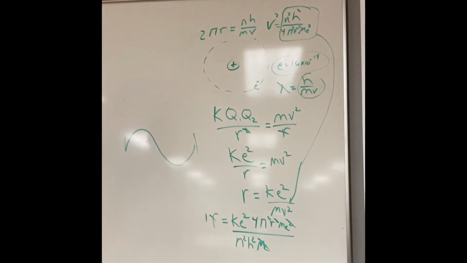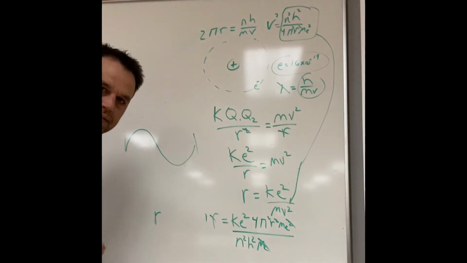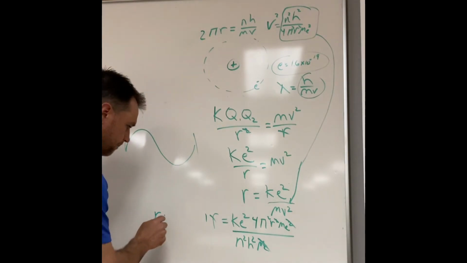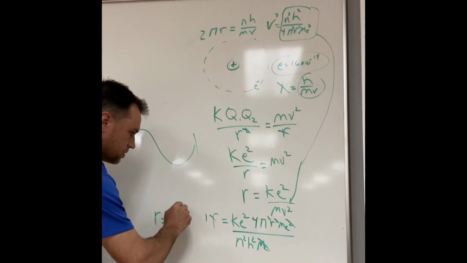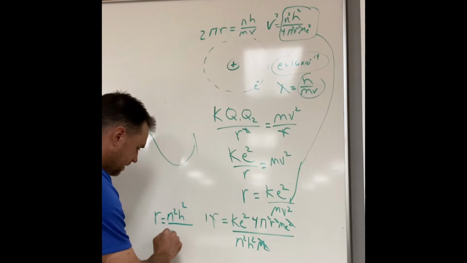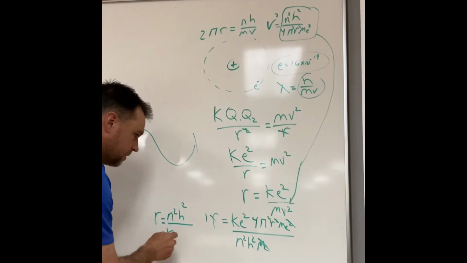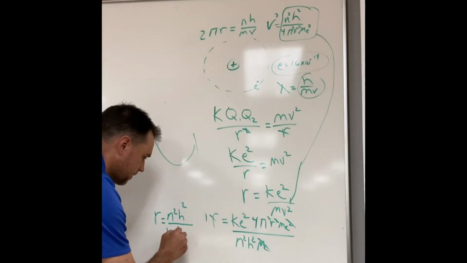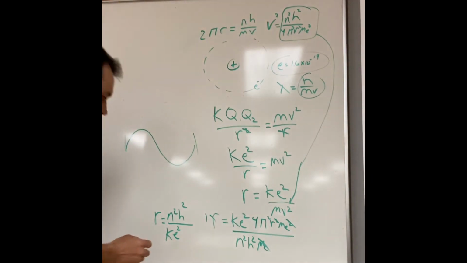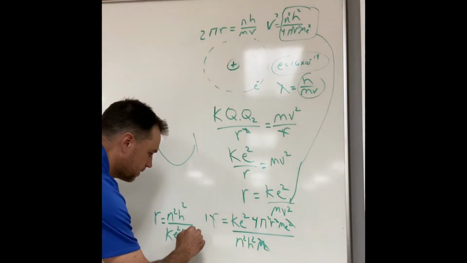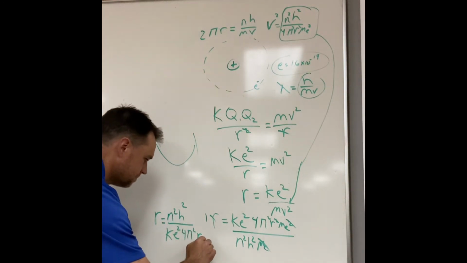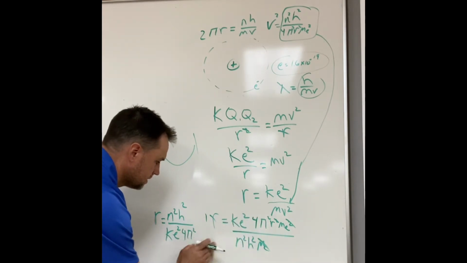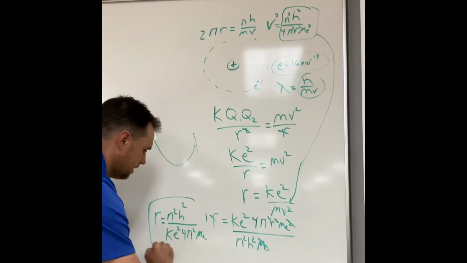So if I want to get the radius by itself, it is going to be equal to n squared h squared divided by k, Coulomb's constant, 9 times 10 to the 9th, e squared, that's the charge of the electron, 1.6 times 10 to the negative 19th coulombs, 4 pi squared, r, there's r is canceled, isn't it? Mass of the electron. A lot of letters in there.